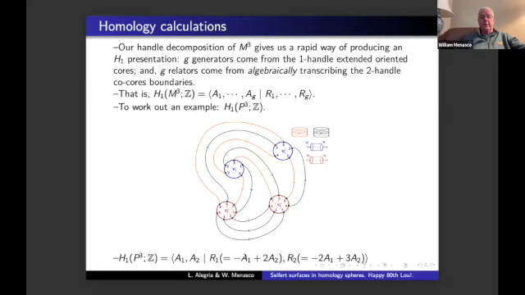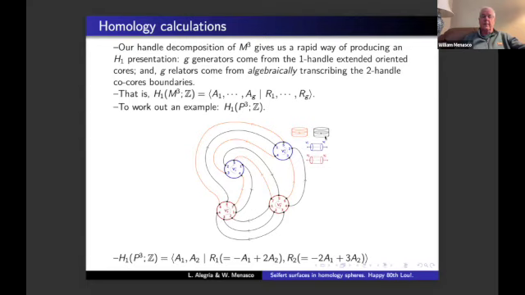It goes over the blue one handle algebraically minus one times, and goes over the red one handle algebraically twice.